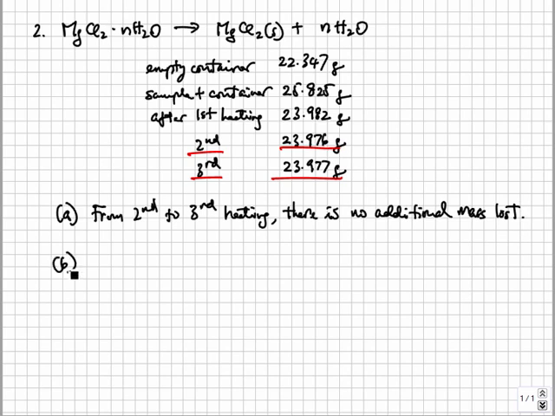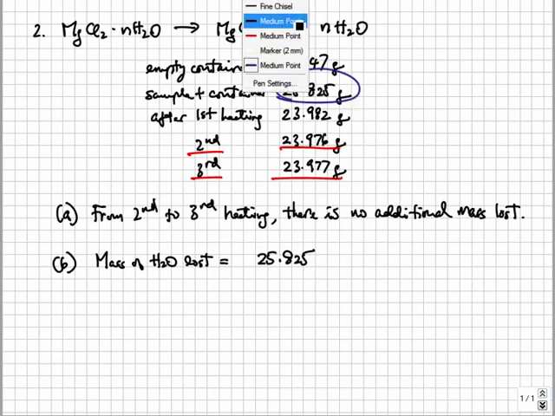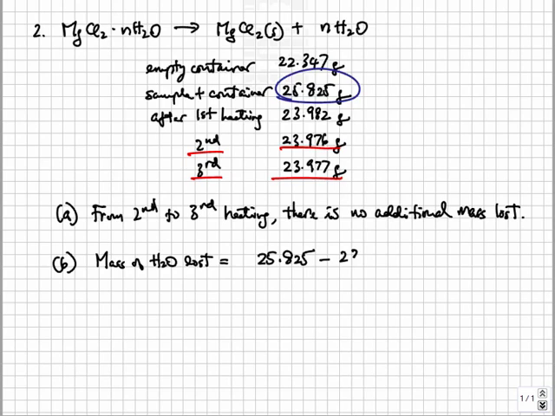B. The mass of water lost is the difference between the initial mass of the container plus the hydrated sample and the dehydrated sample plus the container at the end. So it is 1.848 grams.